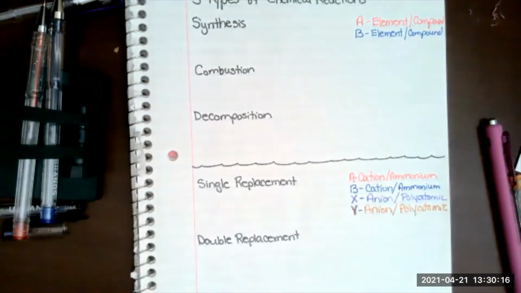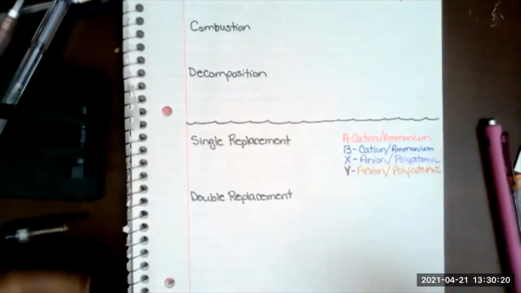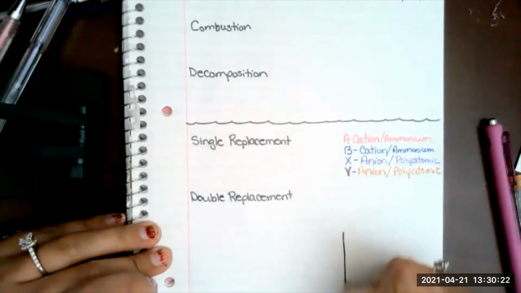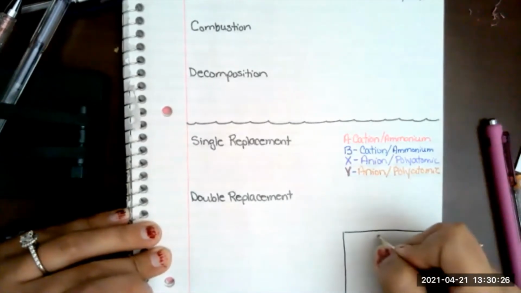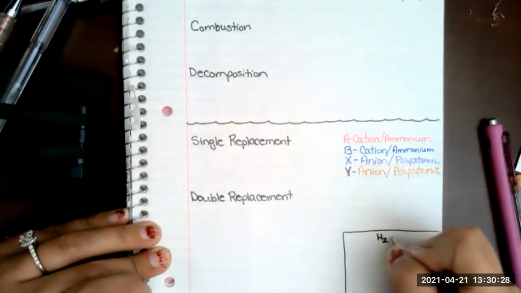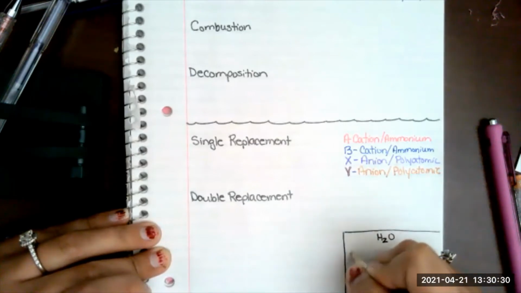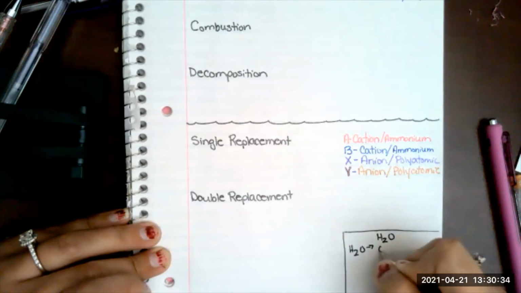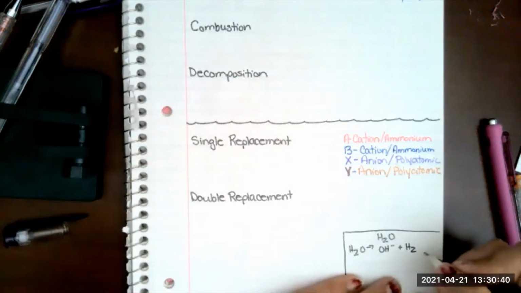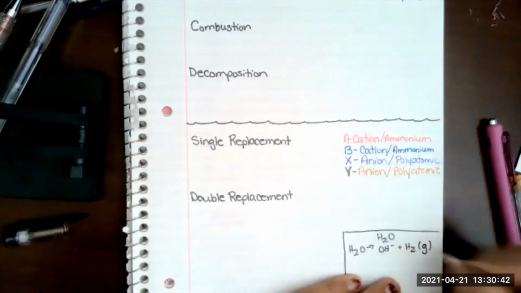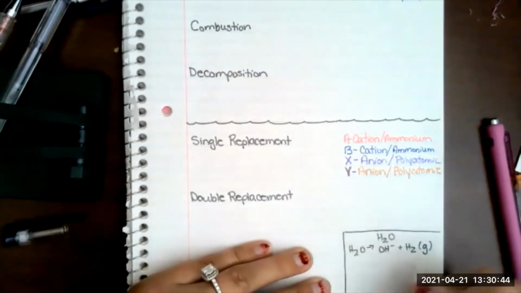Okay. Another important aspect that we're going to look at, I'm going to put a little box down here, is H2O. So H2O can split into OH and H2. That would be gas. And then you can go the other way.